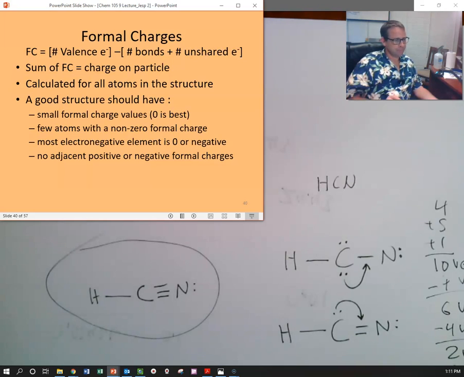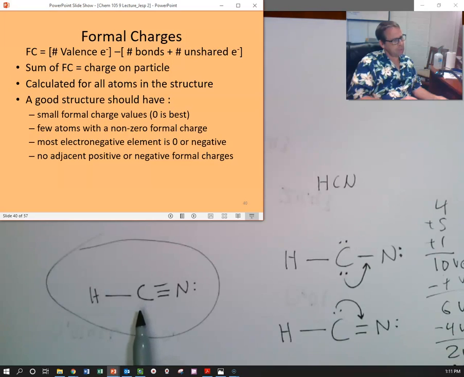Okay? So how many electrons did carbon bring to this party? You can type it down below if you want. How many electrons did carbon bring to the party? 4, that's right.